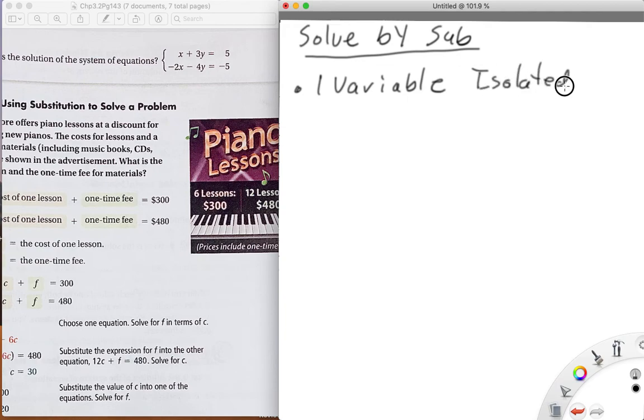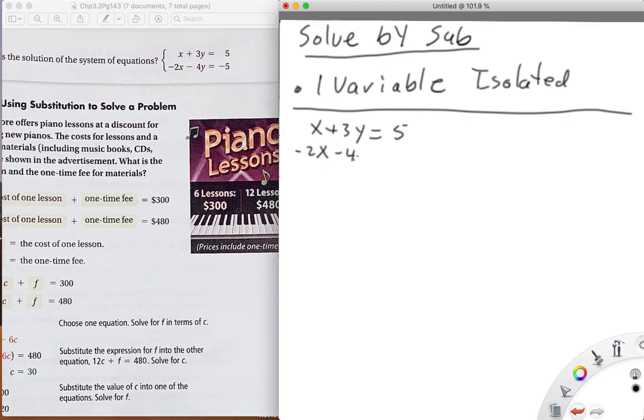So in terms of solving this group right here, we have x plus 3y equals 5, and we also have negative 2x minus 4y equals negative 5.